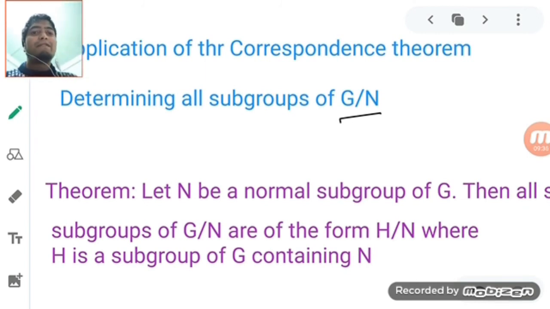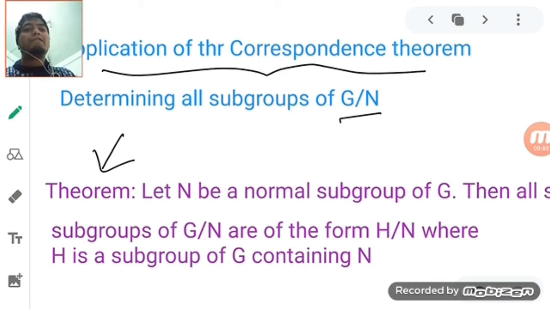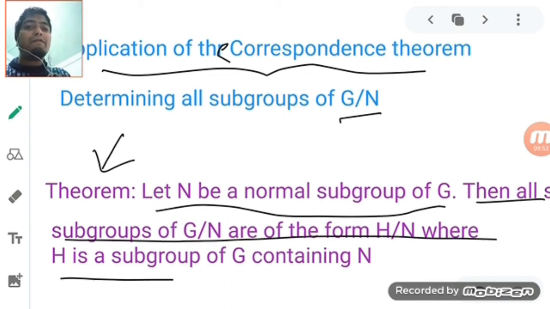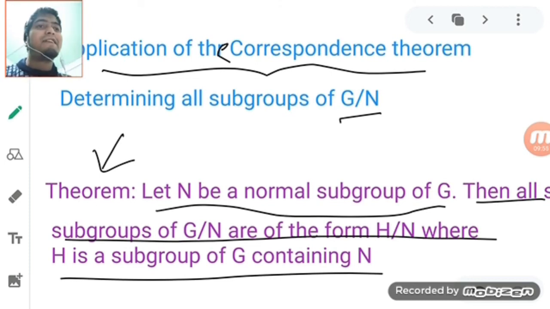So that's why we have this theorem. It is actually a corollary or an application of the correspondence theorem, that is theorem number 6. So N is a subgroup of G, then all subgroups of G by N are of the form H by N, where H is a subgroup of G containing N.